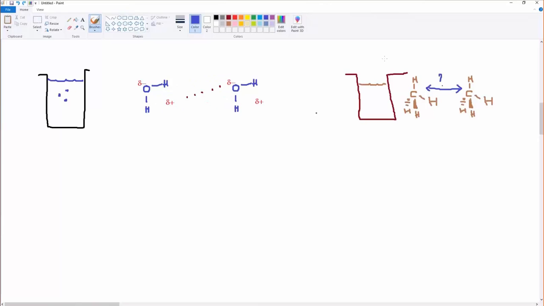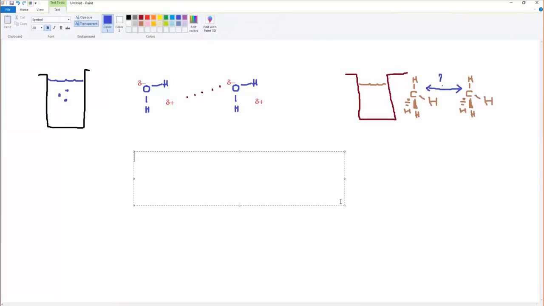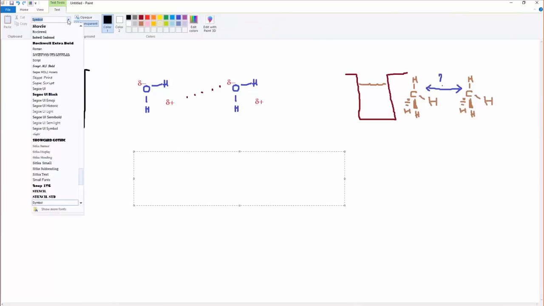So this is the basis for what we call intermolecular forces.